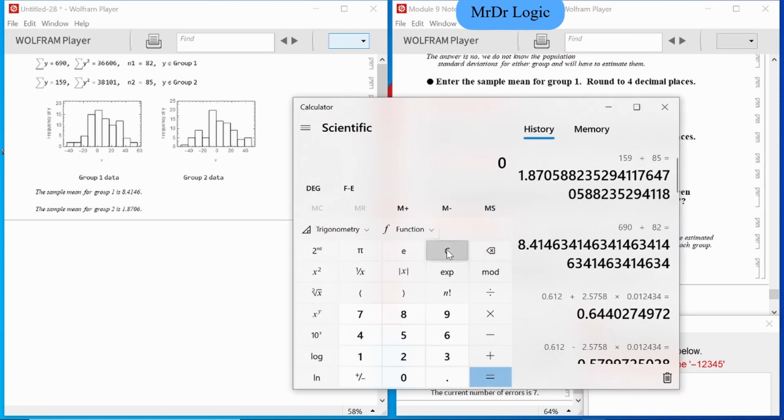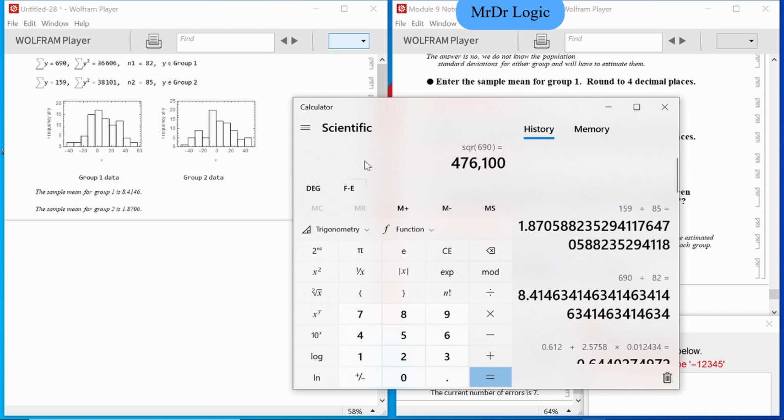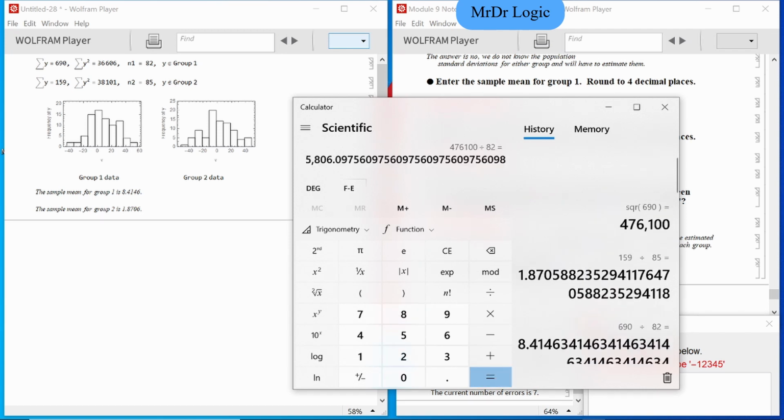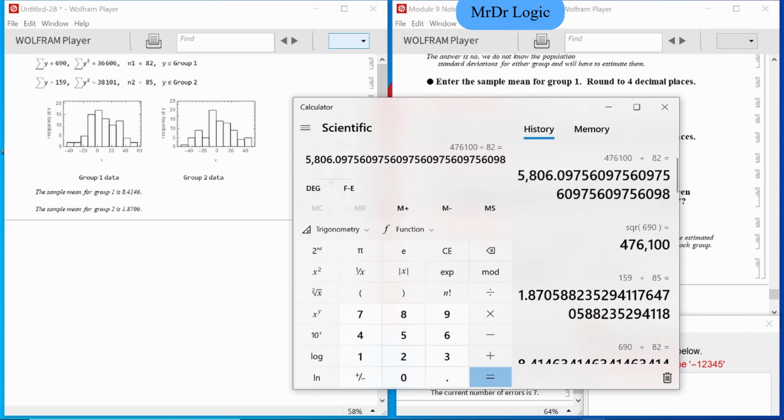Okay, let's make this snappy. 690 squared divided by 82. Okay.